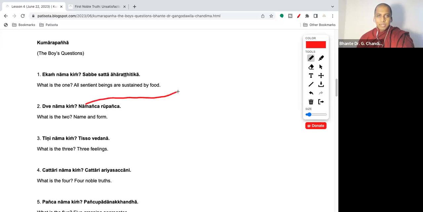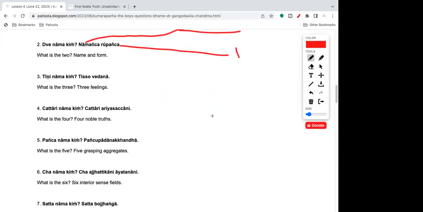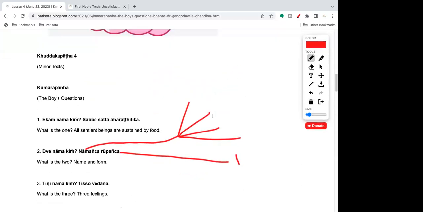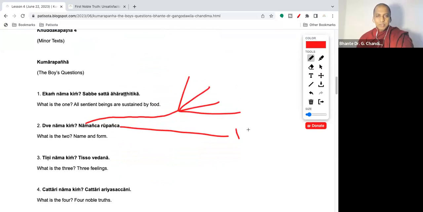Nama has 4 categories and Rupa has only 1. Actually, these are nothing but the 5 aggregates. Rupa is Rupakkhandha. Nama is Vedana, Sanna, Sankhara, Vinnana.